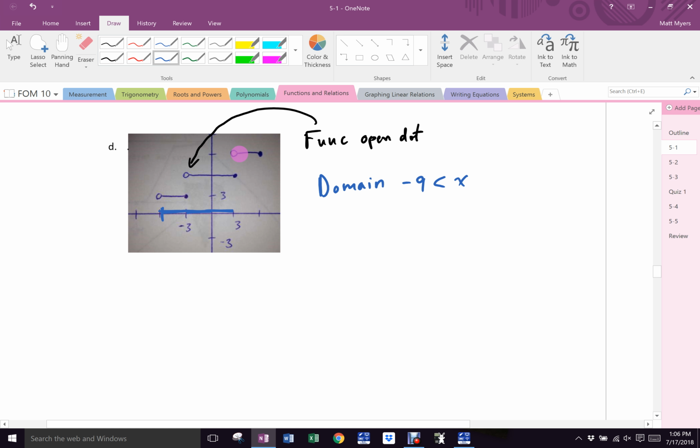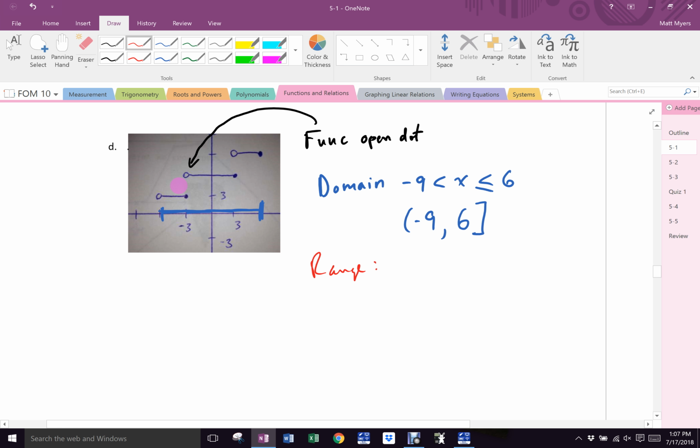Does it start again right away? So I keep going. And it ends there. So what's my domain? 6. Do I hit 6? That's my domain. What is it in interval notation? Round bracket, -9, comma, 6, square.